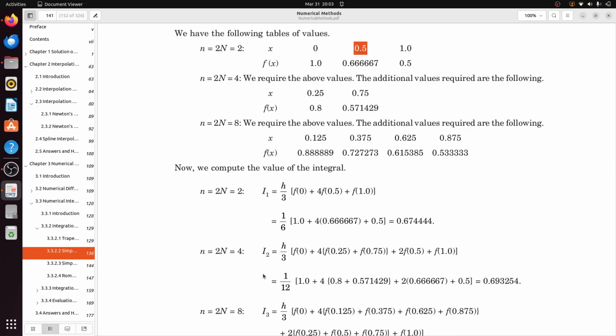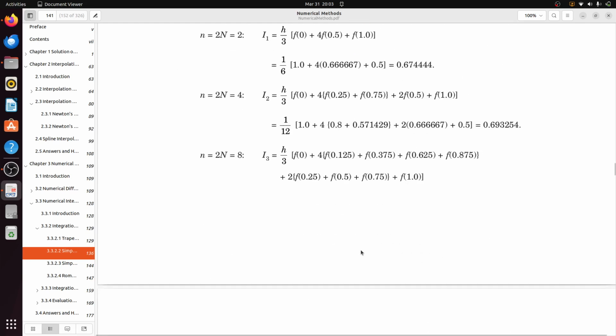Here h is 0.25, that means 1 by 12. So that is how you can determine the composite Simpson's one-third rule.